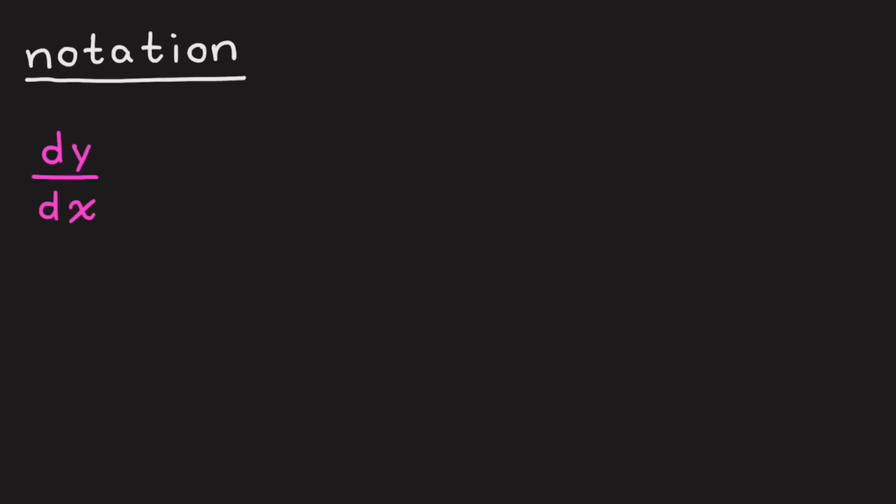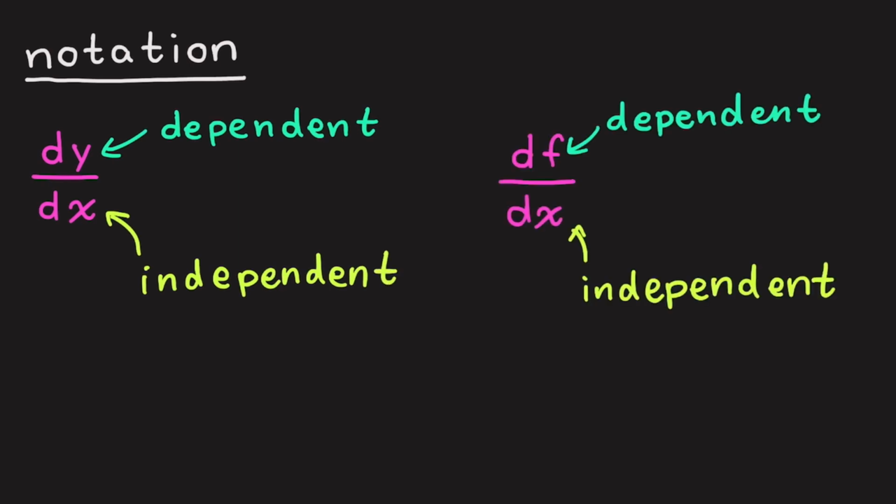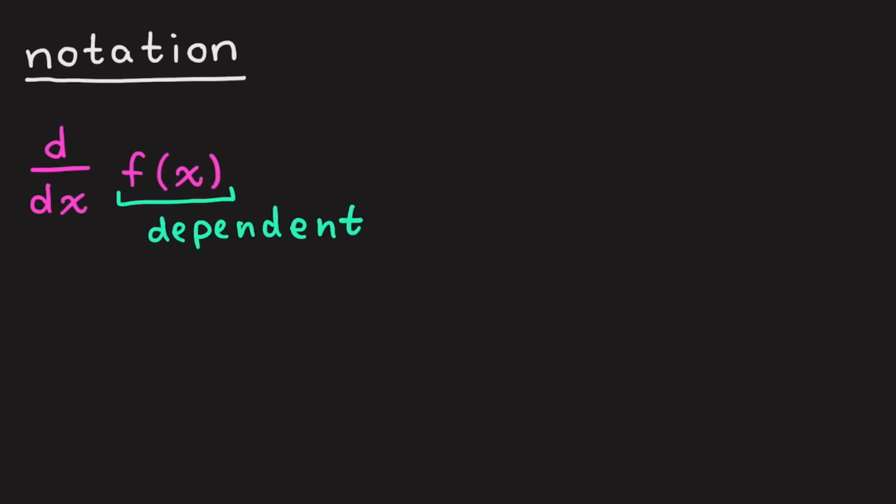It's dy/dx, where the d's represent delta, which means a change, and in the numerator you have the dependent variable, and in the denominator you have the independent variable. People often write df/dx too, which is essentially the same thing. The next one is d/dx of f of x. I'm not a big fan of this one either because it's a bit clunky, and when you do many lines of work, your page can get a little bit messy.